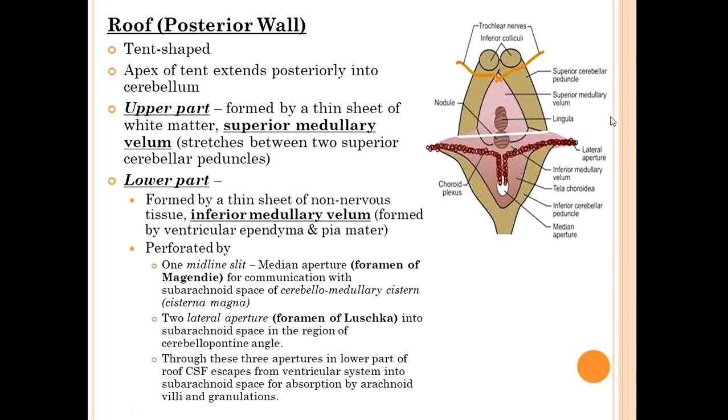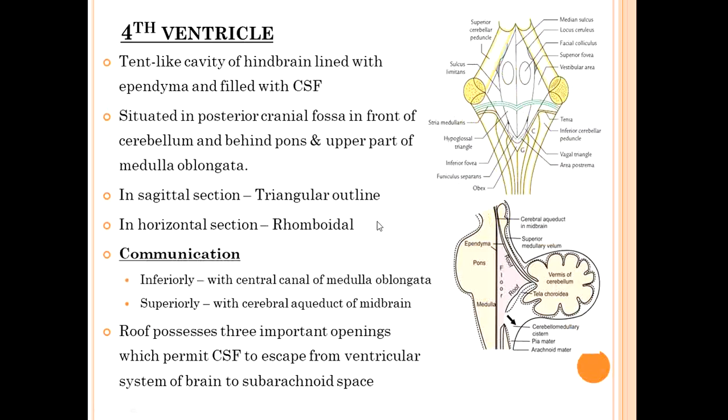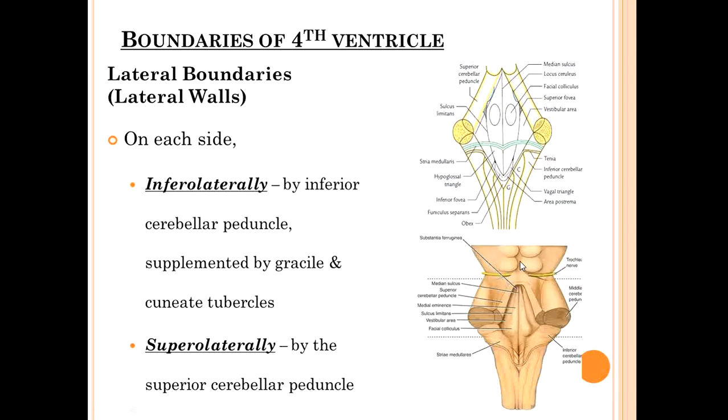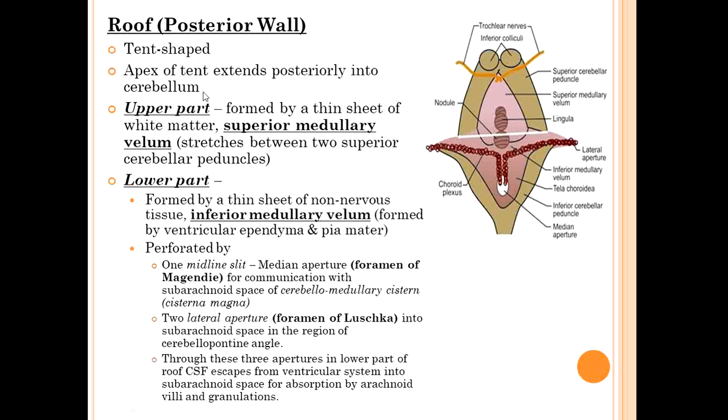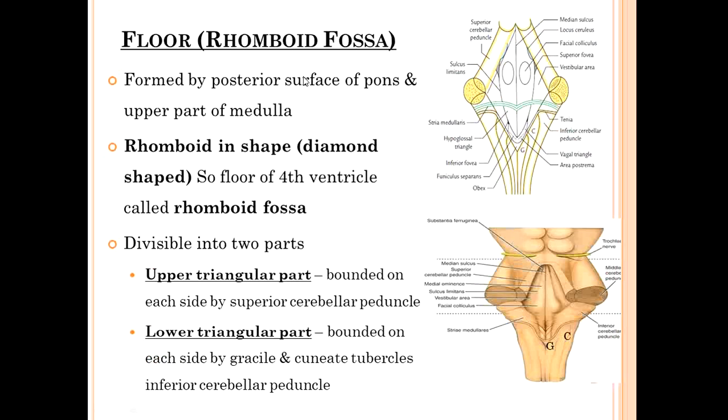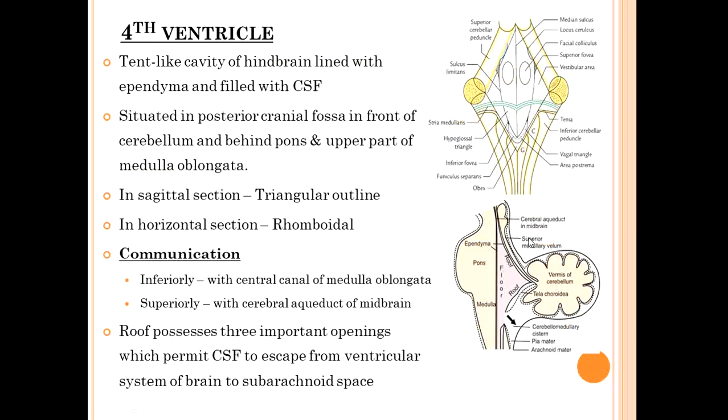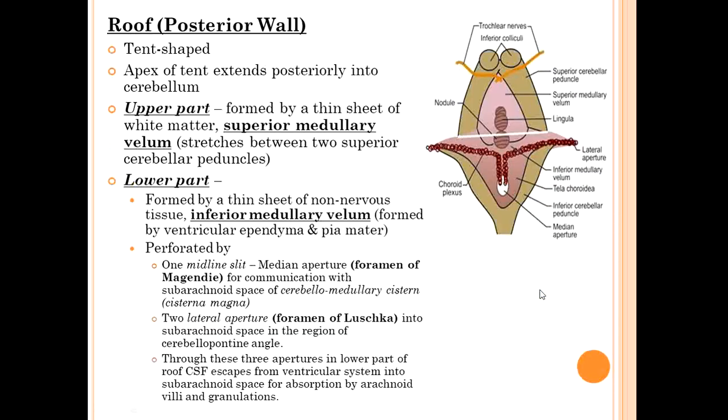Okay. Now roof. So roof means you can see here this diagram. This is the roof. So a roof is tent shape. Apex of tent extends posteriorly into cerebellum. Okay, I have shown you it is extending into the cerebellum.